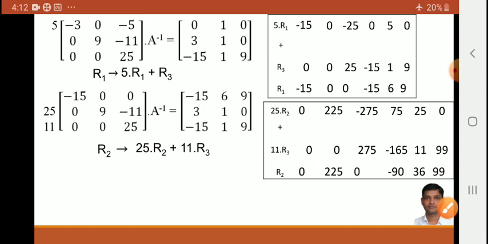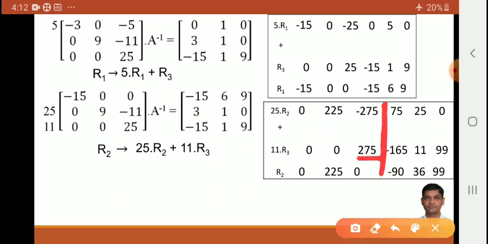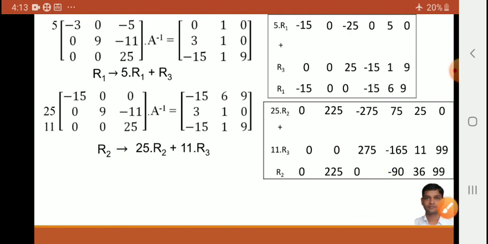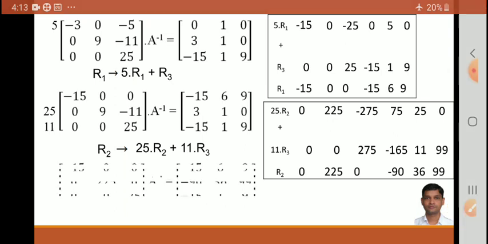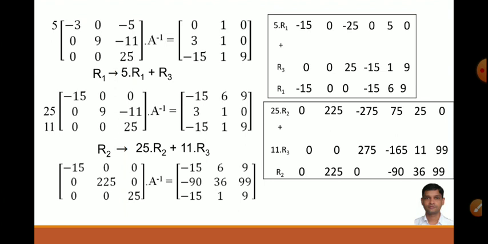So 11 into 25 is 275. See, 275 and 275 are the same now. So minus 275 plus 275 is 0. Now add all these elements. So you will get R2 as 0, 225, 0, minus 90, 36, 99. So the second row becomes this now.